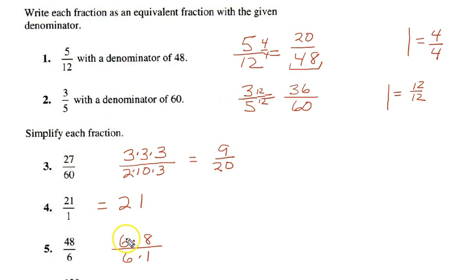We now have a 1 in the form of 6/6 that we can, in a sense, cancel out as a 1, and our answer here is 8. And you might say, couldn't we just divide 6 into 48 and get 8? Yes, that would have been another way of doing it.